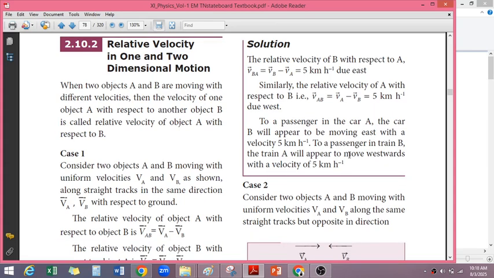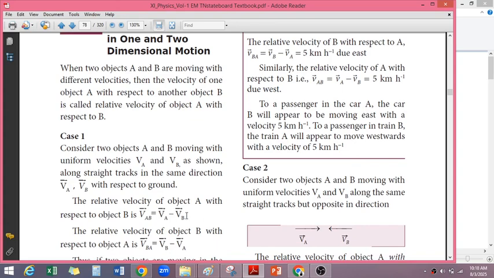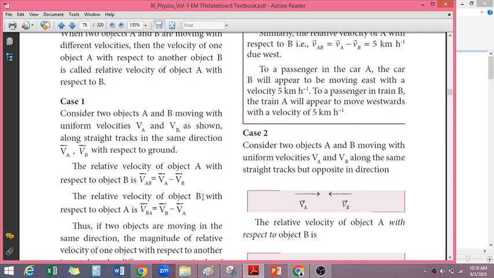Relative velocity is an important concept, right? Velocity of A with respect to B, VAB, is equal to VA minus VB. Similarly, relative velocity of B with respect to A, VBA, is equal to VB minus VA.